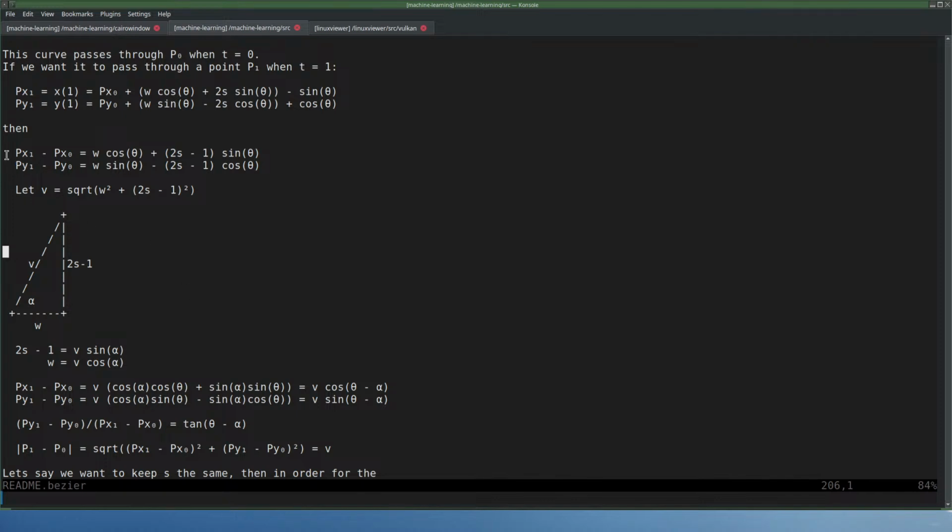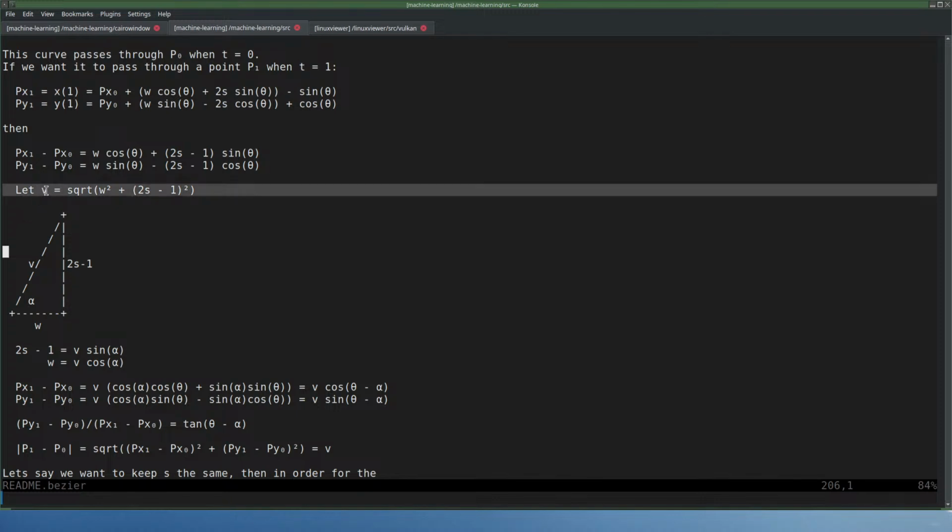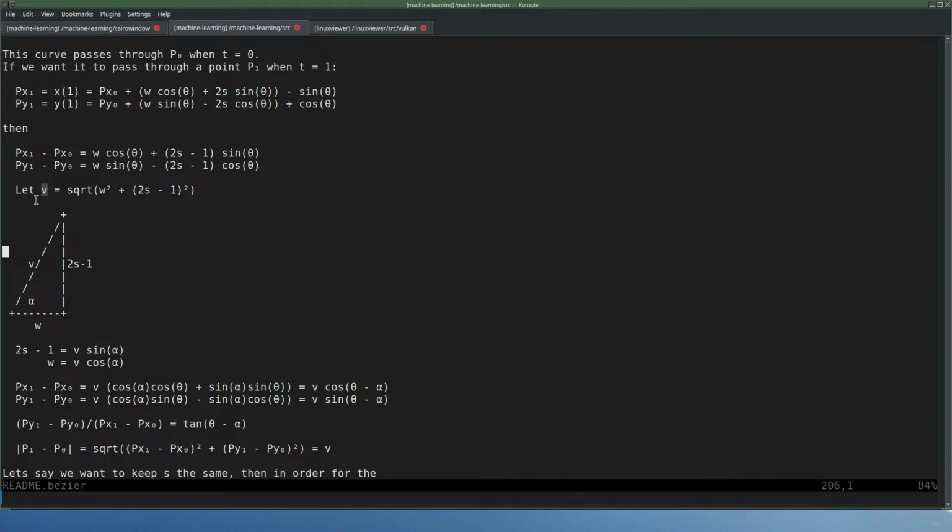But for Abhimanyu, I had this relationship here. Wanted to solve something, so we set some arbitrary variable, v, equal to the square root of v squared, w squared, because that's multiplied here, plus 2s minus 1 squared, because that's multiplied with the sine.